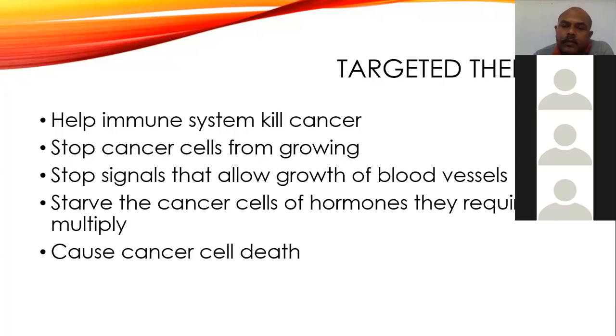So there are certain antibodies like bevacizumab, which will block the blood supply of the cancer and lead to regression of the tumor. Hormone therapy will starve the cancer cells of hormones which are required to multiply, and also cause cancer cell death. These are the ways in which targeted therapies work.